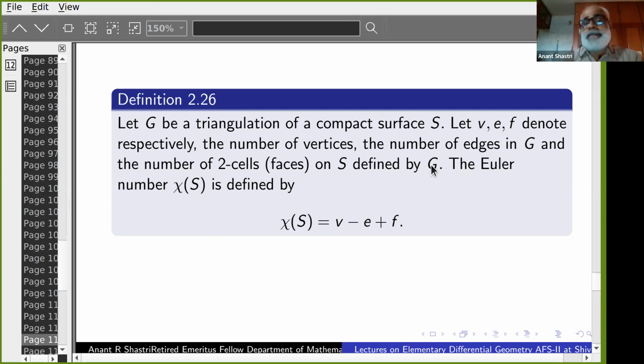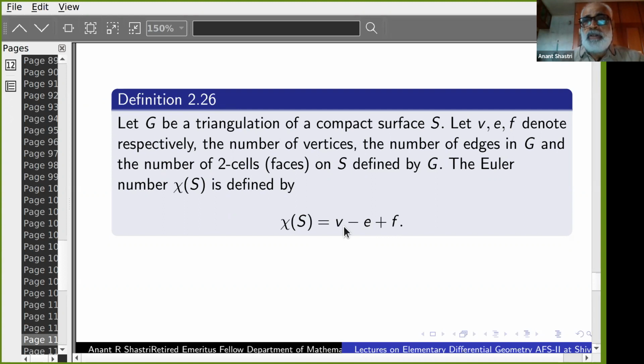So defined by this G. Defined by this G means what? These triangles' interiors are nothing but S minus G. So they are called faces also. The faces, that's why F. E corresponds to edges, V corresponds to vertices. The great Euler's formula: Euler's number is defined as the alternate sum V minus E plus F. 0, 1, 2.